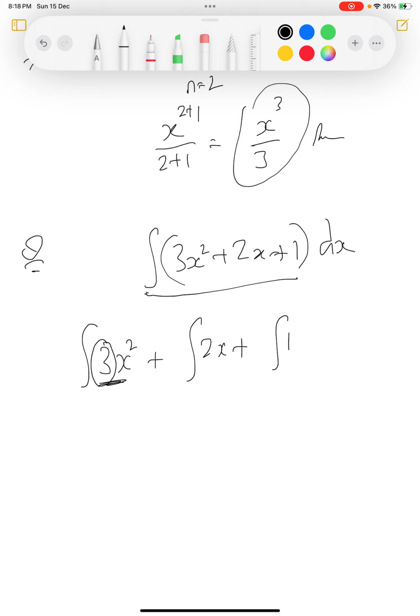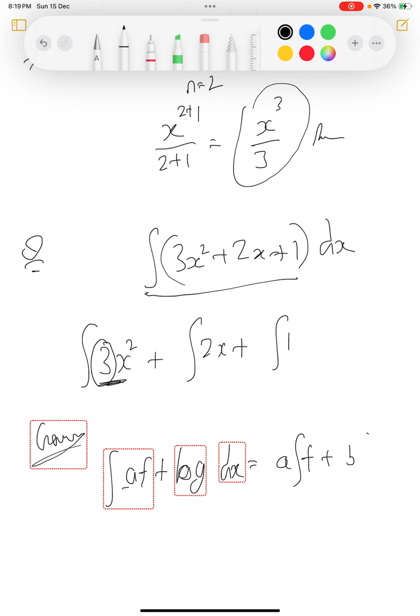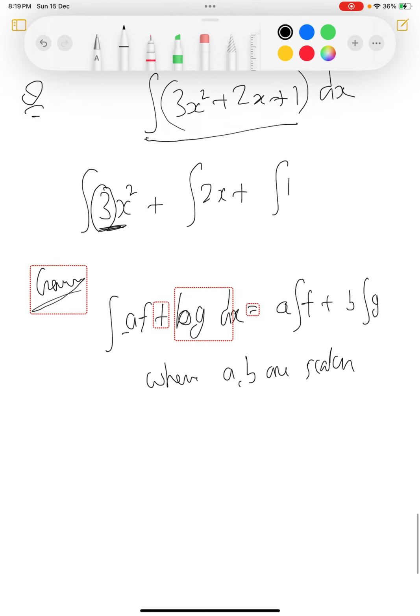Let me write the general formula. In general, integration of a times f plus b times g dx, where a and b are scalars, we can distribute like this: a times the integral of f plus b times the integral of g, where a and b are scalars.